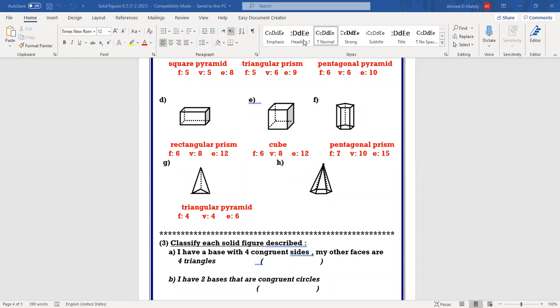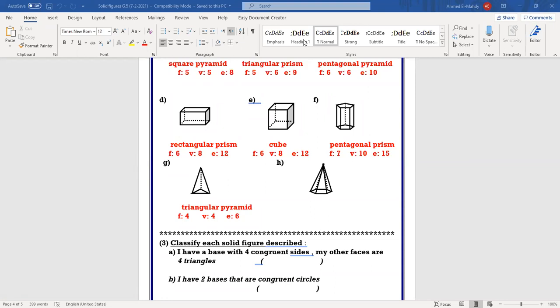And we said how we can find the number of faces, vertices, and the edges in the prism. If you remember, to find the number of faces, number of base sides plus 2, to find the number of vertices, number of base sides multiply 2, to find the number of edges, number of base sides multiply by 3.